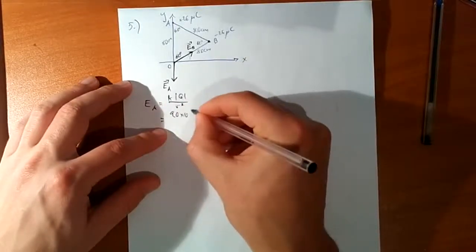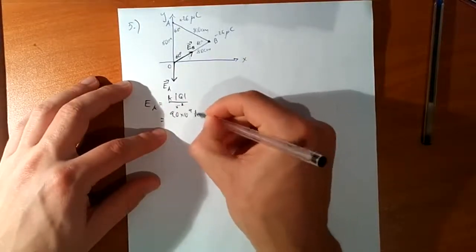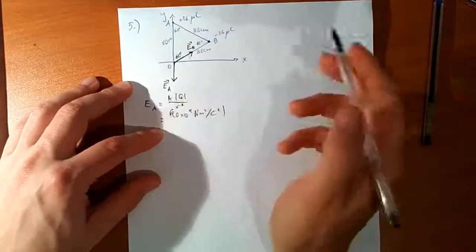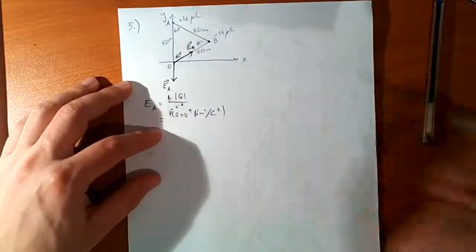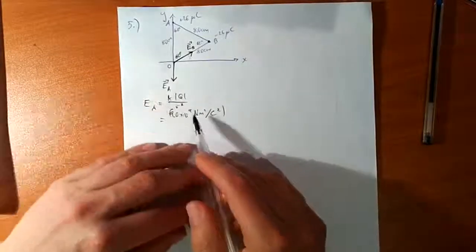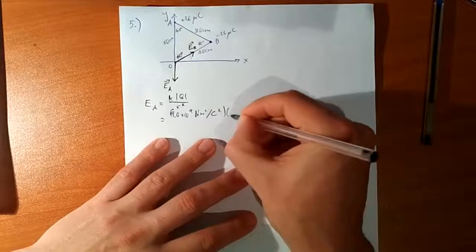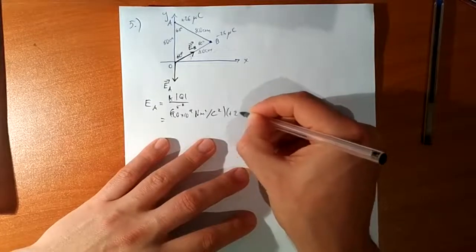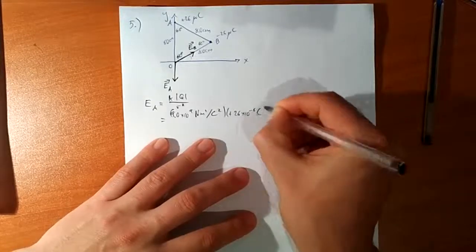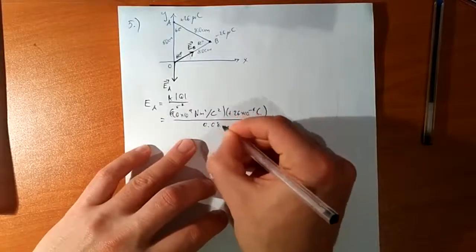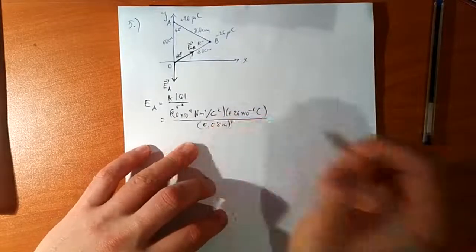So I don't have more than two significant figures for any of the given values, do I? No, I don't. Right, so this one's definitely okay here. Okay, times the absolute value of Q, so this is just plus 26 times 10 to the minus 6 coulombs, over the distance squared, that's 8 centimeters, 0.08 meters squared.